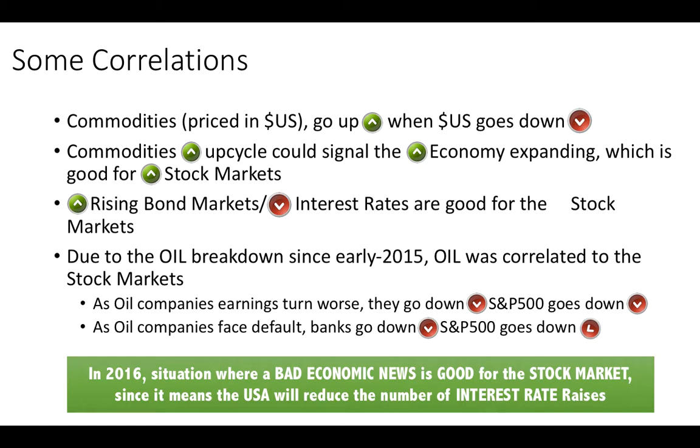And this is what you need to understand. And another factor that we see in 2016 is because of this fear of the US Federal Reserve raising interest rates, you see a situation where bad economic news is actually good for the stock market, because bad economic news means that the US will unlikely increase the interest rate.